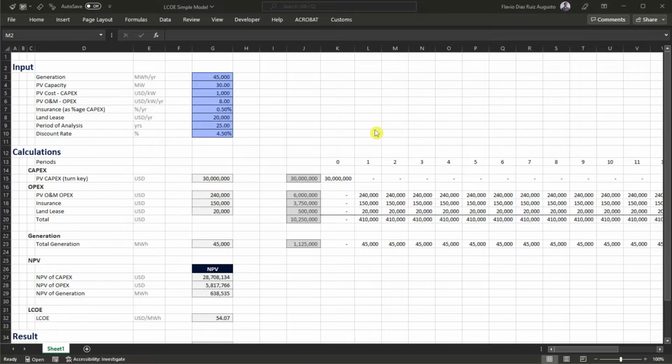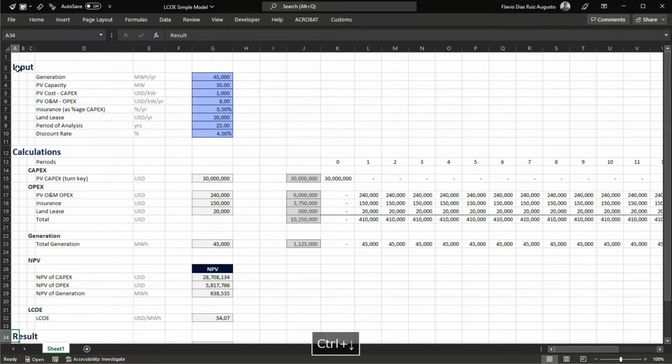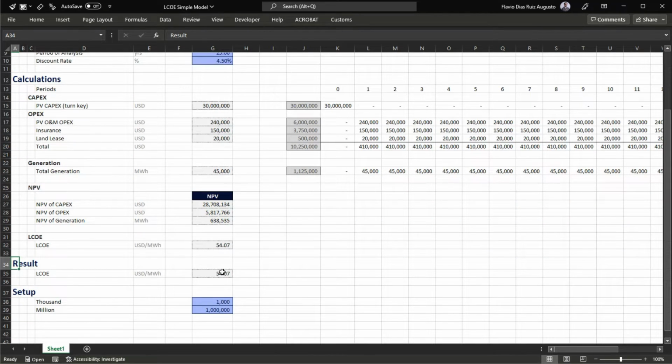And at the end of the video, this is the model that we have. So we have the inputs, the calculations, the results, and the setup sections. And the LCoE that we arrived at is $54.07 per megawatt hour. So this is the LCoE for the PV generation.